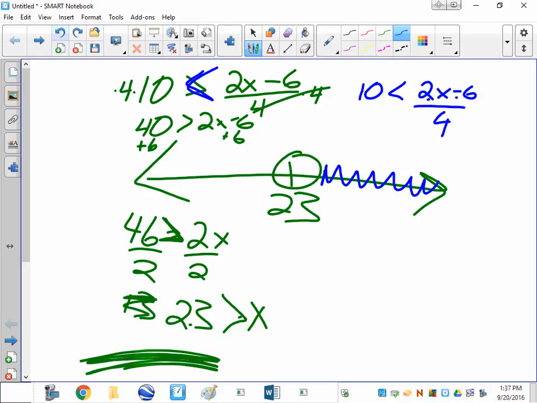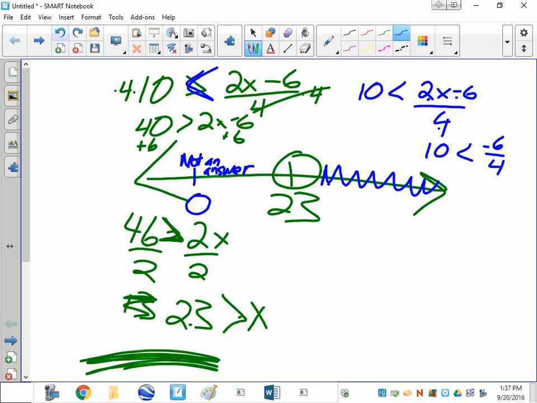Is 10 smaller than negative 6/4? No. So what does that tell you about 0? This is not an answer. Is that what we wanted? I was just checking to see if my answers were correct, and I shaded to the right, so I wanted 0 to not work.